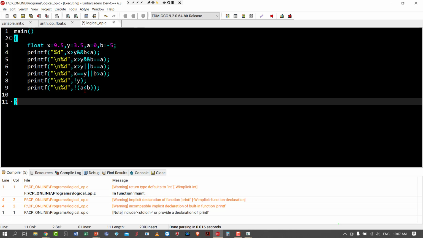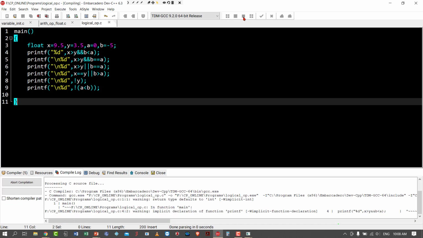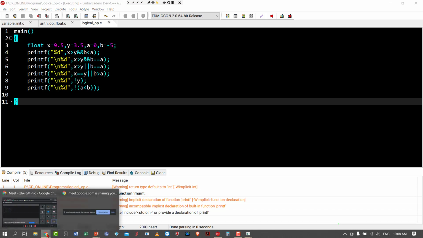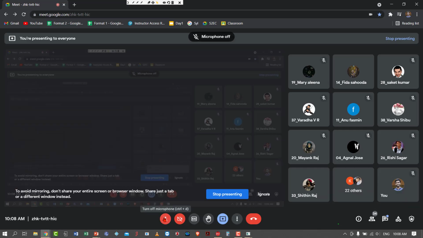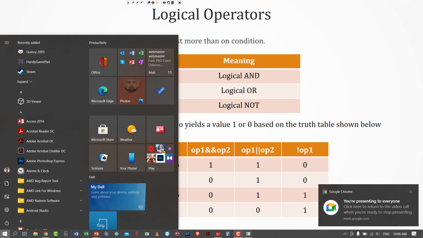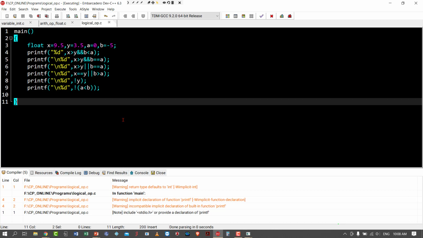False means 0. Then the not operator will be applied. Not 0 means 1. Let me check the output. So the output is 1.